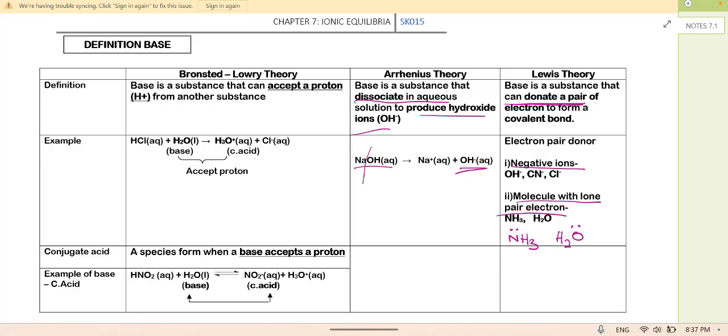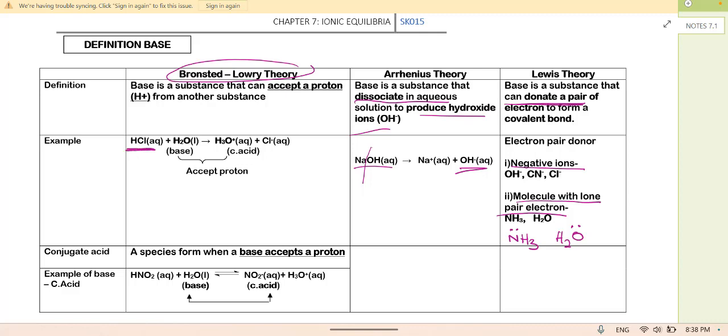The crucial definition of base comes from Bronsted-Lowry. A base is a substance that can accept a proton from another substance. Water can be an acid, and water can also become a base. Water is amphoteric. If you want to know whether water is an acid or base in an equation, we need to look at the other substance.